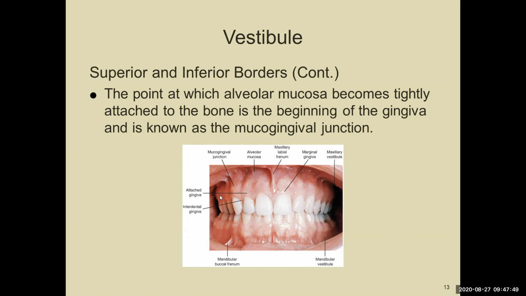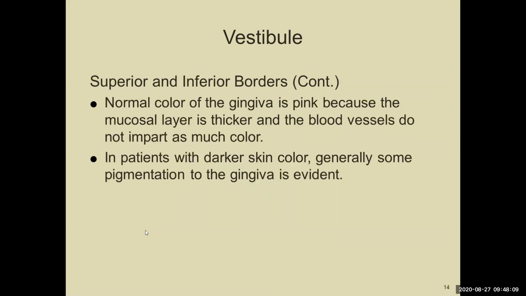If you have a patient that's darker skinned, the gingiva can have melanin pigmentation in it, and sometimes it can be light brown, it can be splotchy, it can be almost a dark brown mahogany color as well, depending on how many melanin pigmentation cells they have.